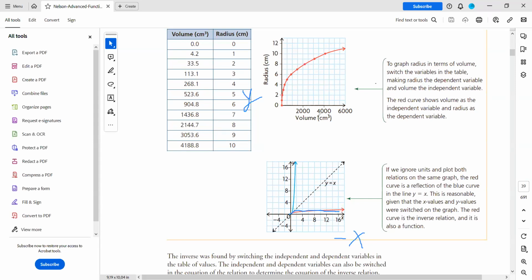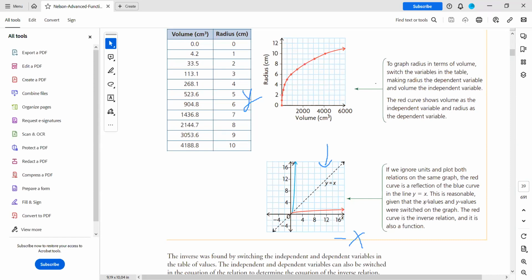The inverse function of volume with respect to radius would be the function of radius with respect to volume. And this inverse function is going to be a reflection of our initial function over the y equals x line. This is reasonable given that the x values and y values were switched on the graph, right?